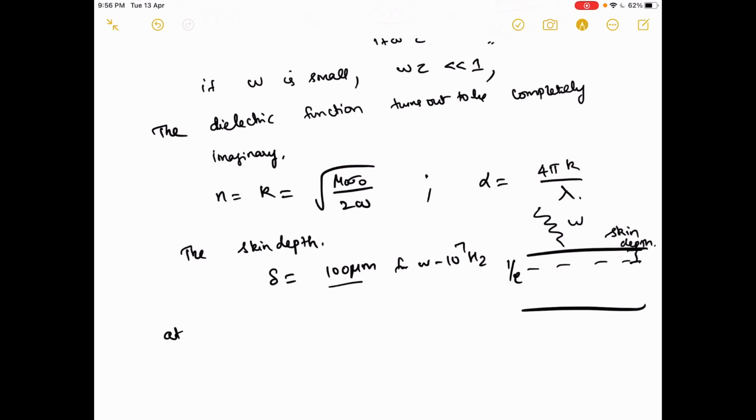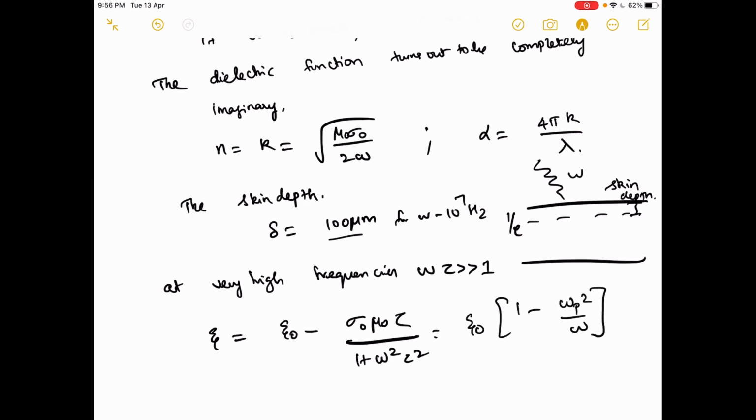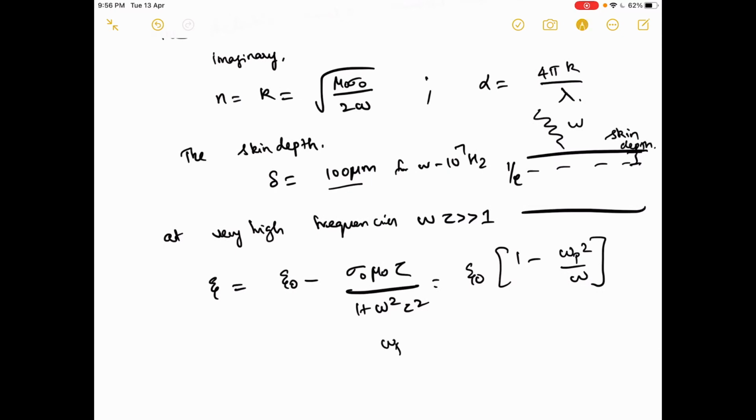Now at very high frequency, such that omega tau is much larger than 1, then epsilon turns out to be purely real, which will be epsilon naught minus sigma naught mu naught tau by 1 plus omega square tau square, which can be written as 1 minus omega p square by omega square, where omega p is the square root of 4 pi n e square by epsilon naught m.